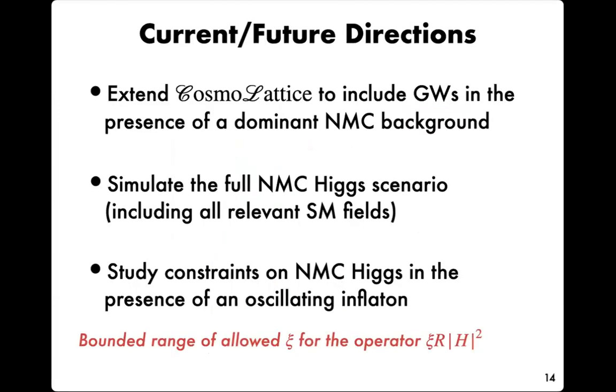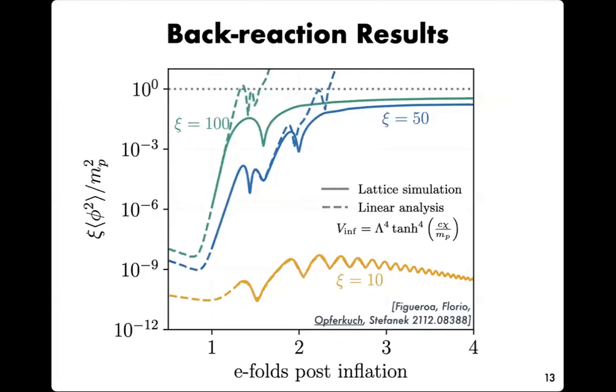So in my last 5 minutes or so, I would like to mention what we're doing now and where we're going. Of course, in situations where you have this extremely violent growth of the field, the first question you can ask is, surely these large gradients must source gravitational waves.